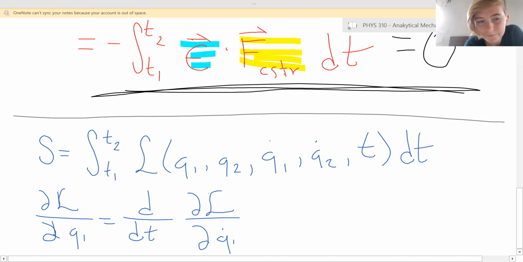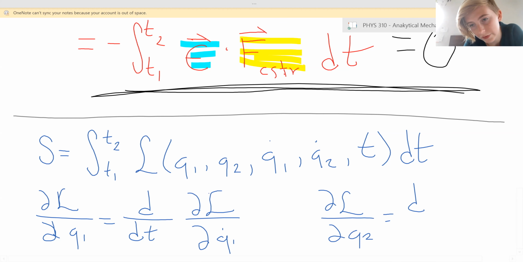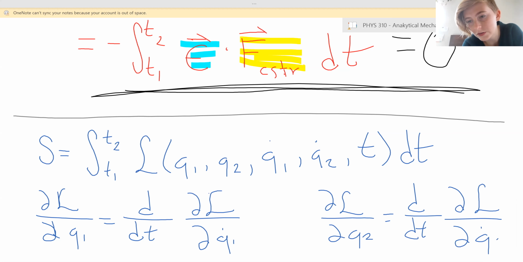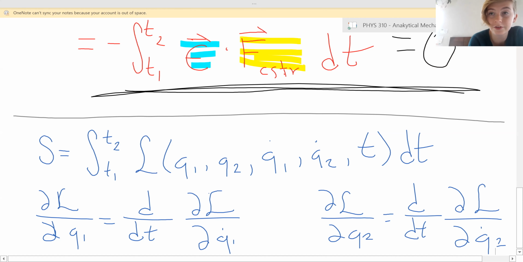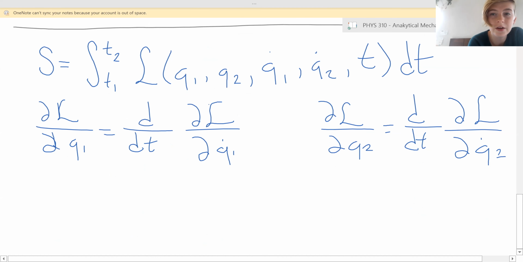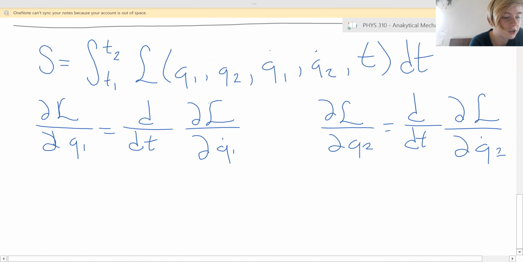And then this is going to be the derivative with respect to time, q dot 2. Okay, so those are the 2 general equations that you get from just doing 2D motion.